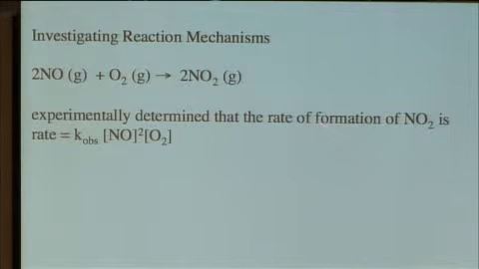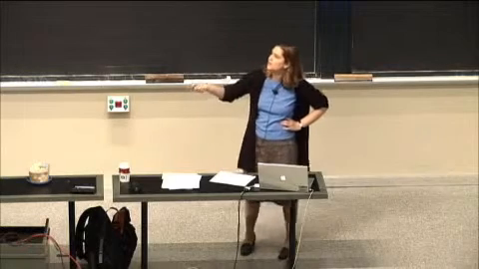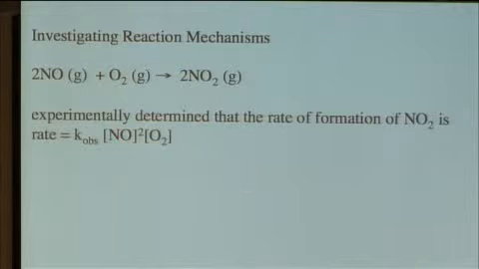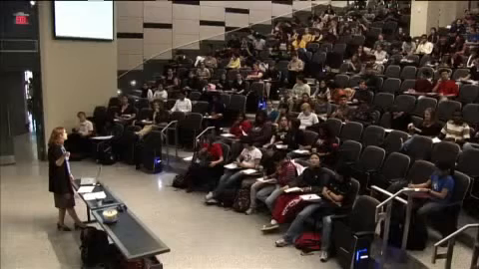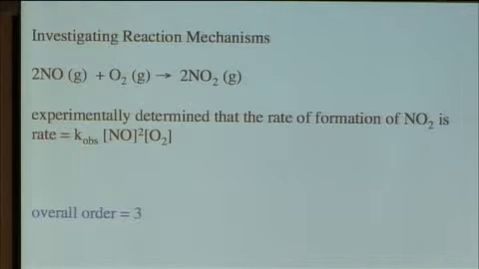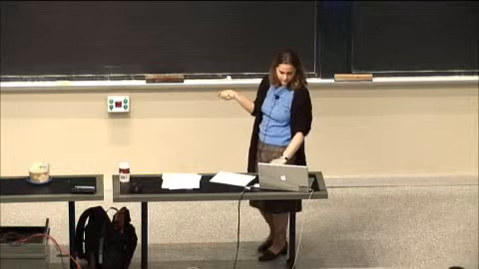In the experimental rate law there was a rate constant called K obs, for K observed, the observed rate constant that was calculated. And what is the overall order of this particular rate law? 3. So we have second order in NO and first order in O2.